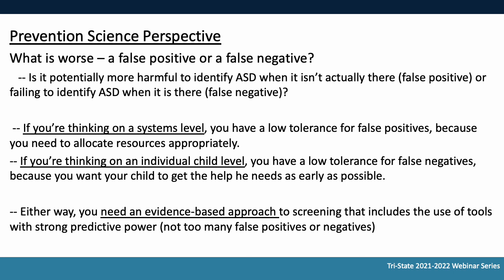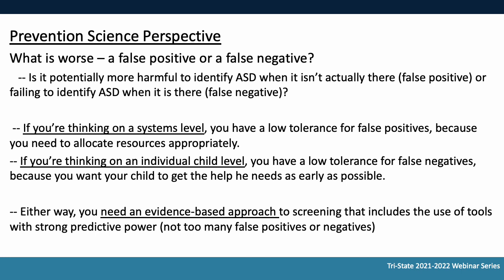If I make a mistake and have a false positive, in other words, is it more harmful if I think I see autism in a child and he doesn't actually have it? Or is it worse to have a false negative approach where I'm failing to identify the autism spectrum disorder in a child when it's actually there?